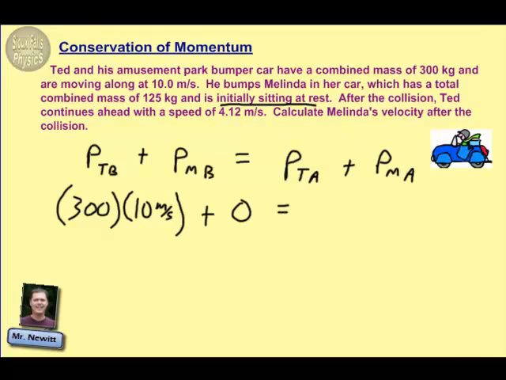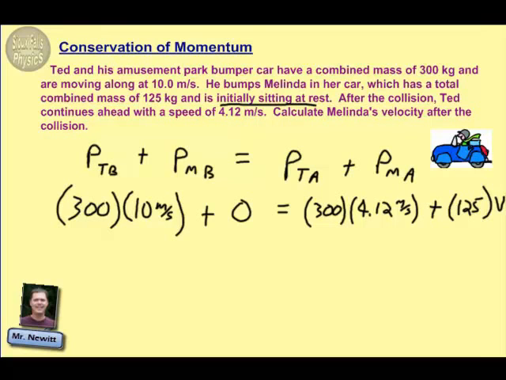Now, after the collision, Ted, who still has that mass of 300, is moving at a velocity of 4.12 meters per second. Melinda, who has a mass of 125, is going to be moving at some unknown velocity, and that is what we're trying to solve for in our equation here.